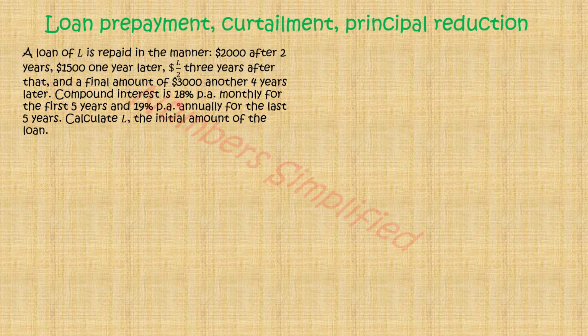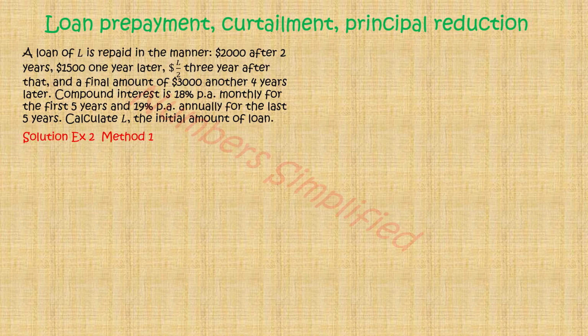So we are told also that the compound interest is 18% per annum and compounded monthly for the first 5 years and 19% per annum annually for the last 5 years. Calculate the initial amount of the loan. We will look at method 1 for our solution.